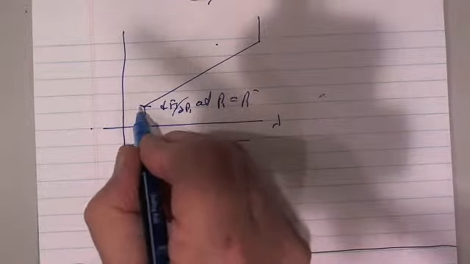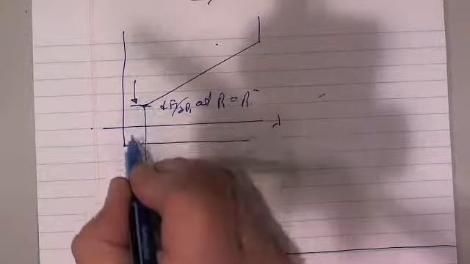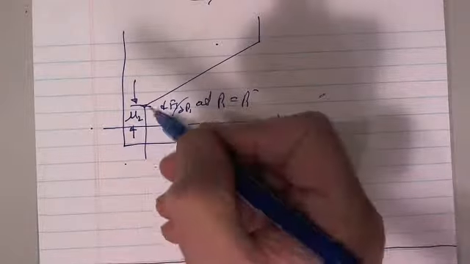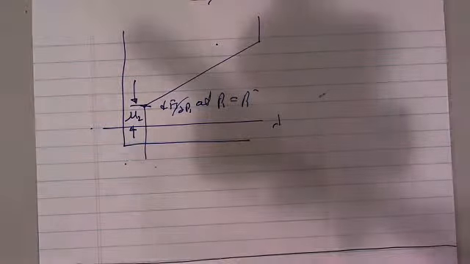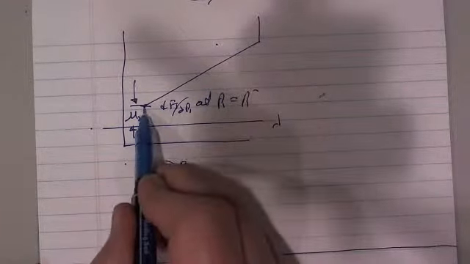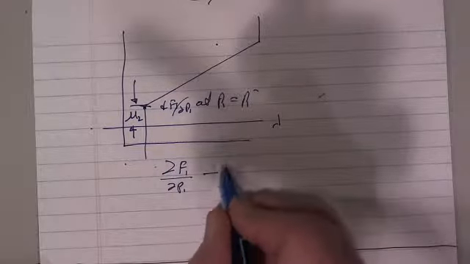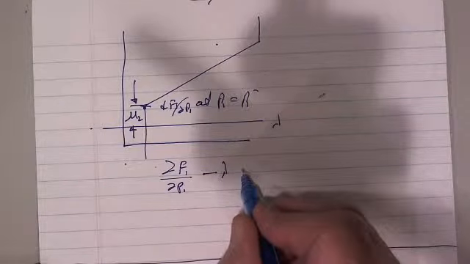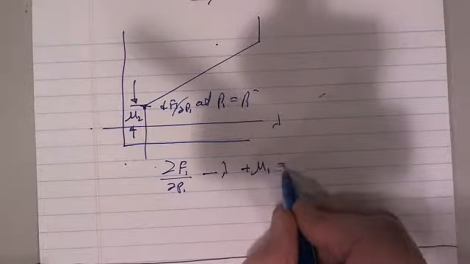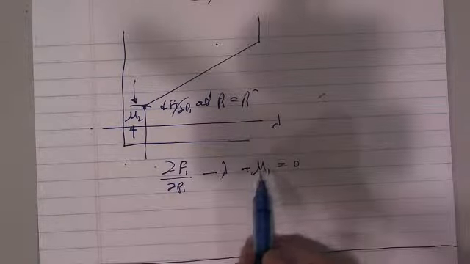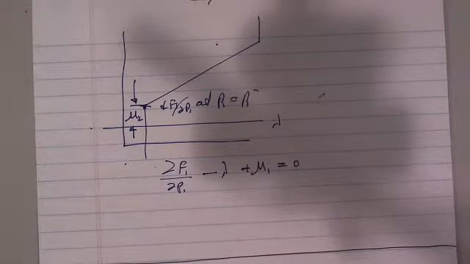The difference between these two, here and here, is mu2. Because the equation says that dF1/dP1, that's this value, minus lambda, there's some difference there. Then it says plus mu2 equals 0. So when you take this and subtract that, there's a little bit left over to get to 0. Okay?